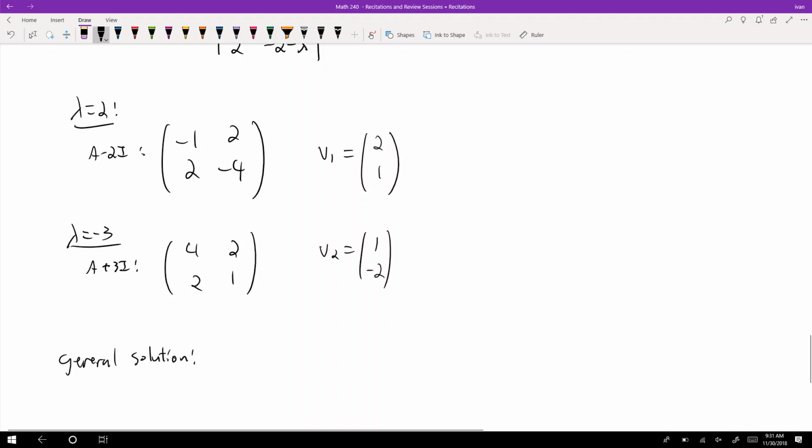In general, for any eigenvalues and eigenvectors, you're going to get x is equal to c1 e to the lambda 1 t v1 plus c2 e to the lambda 2 t v2, et cetera. And this is the non-defective case.